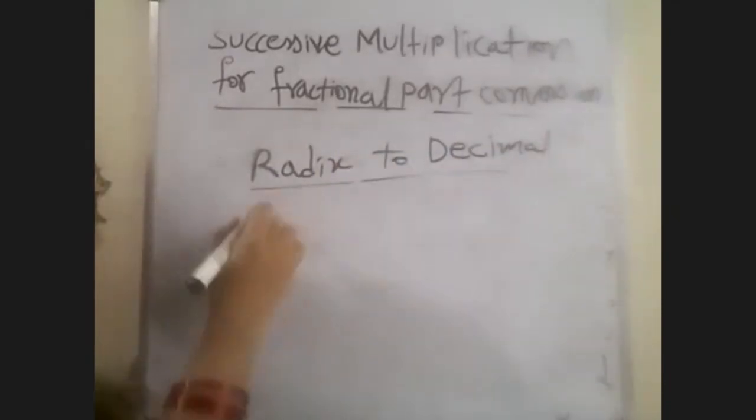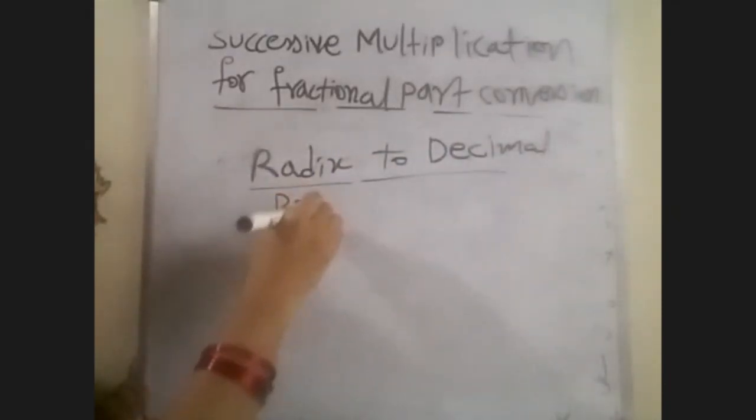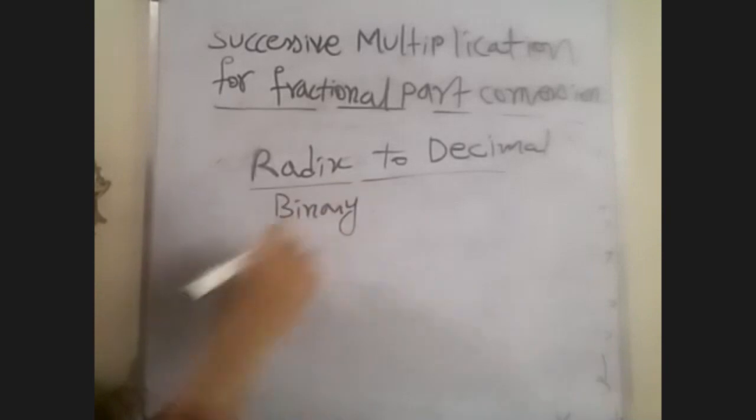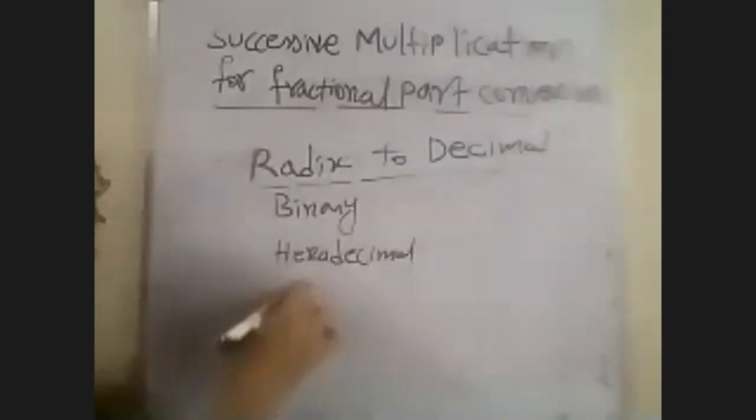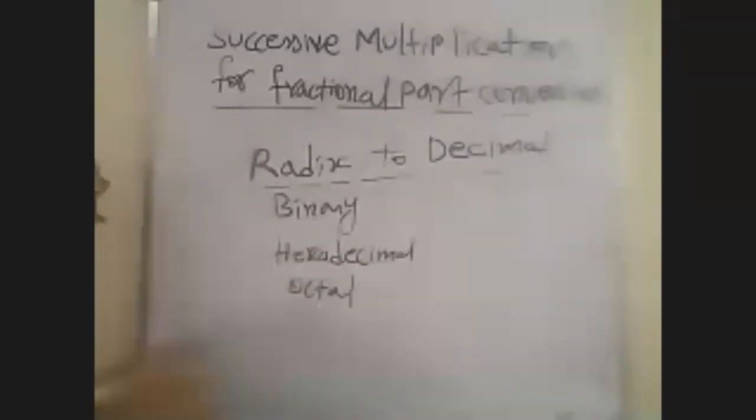So in this, we will convert binary to decimal, hexadecimal to decimal, or octal to decimal, or any radix to decimal. That means base 3 to decimal and base 7 to decimal also will be converted.